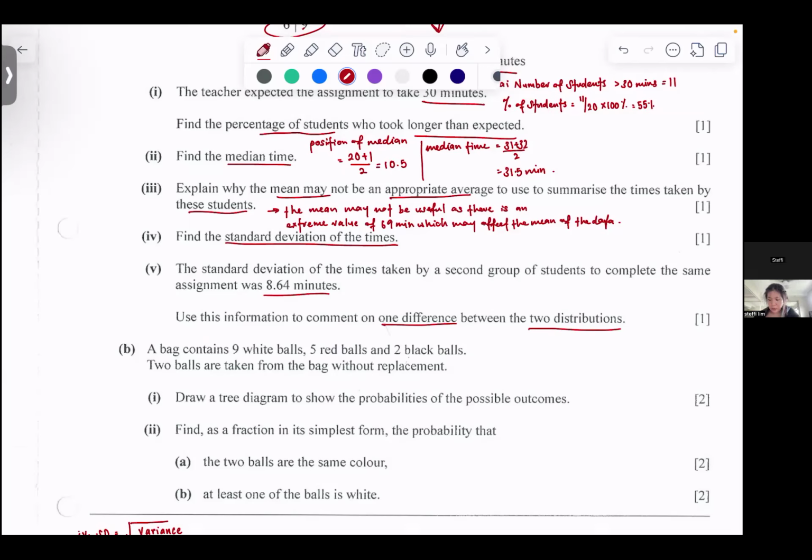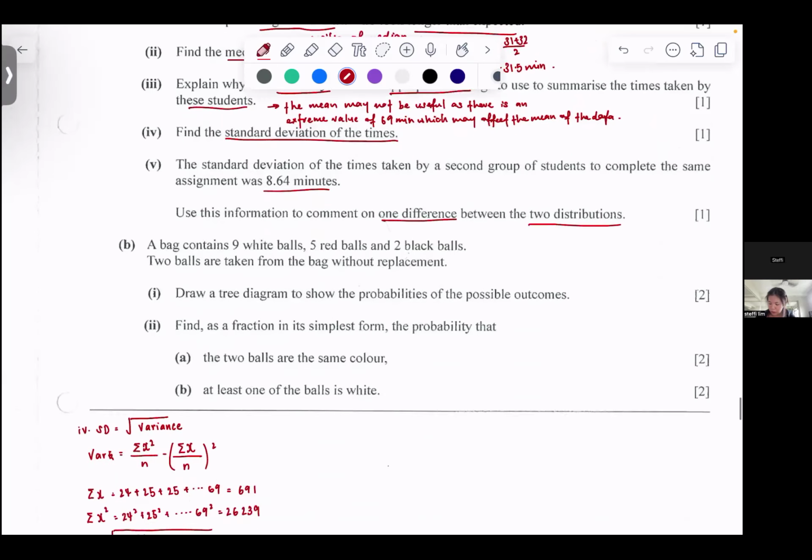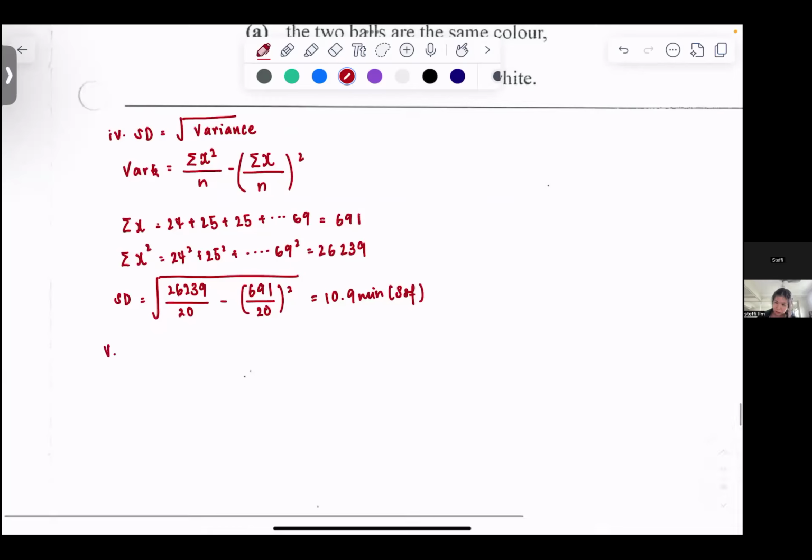Because standard deviation measures how far the points fluctuate from the mean. If it fluctuates more, meaning a higher standard deviation, my readings are less consistent. As compared to a lower standard deviation, my readings fluctuate less and are therefore more consistent.